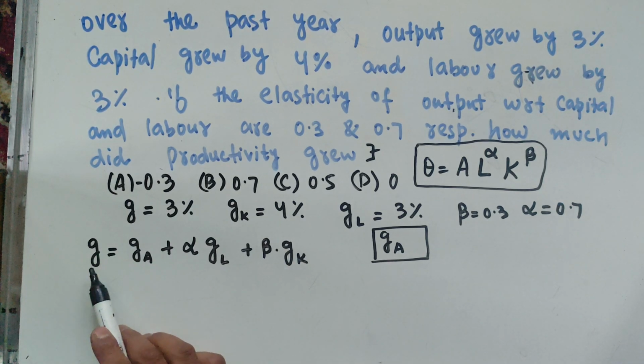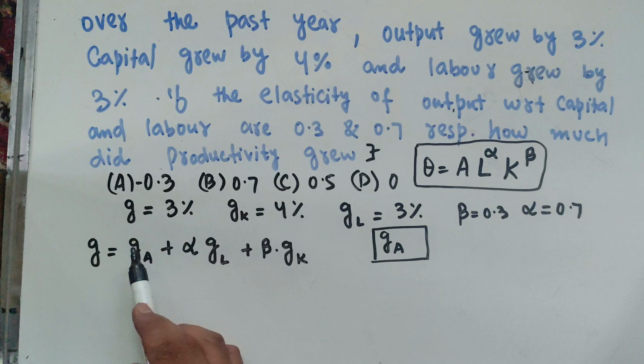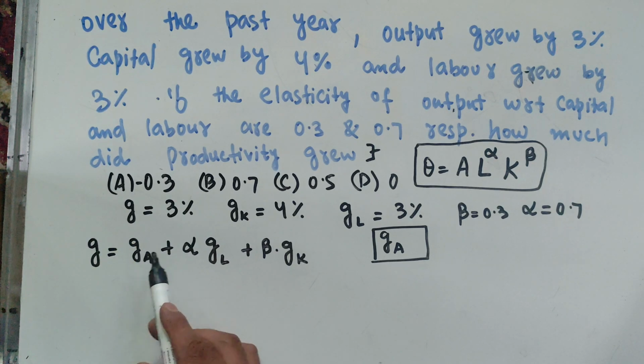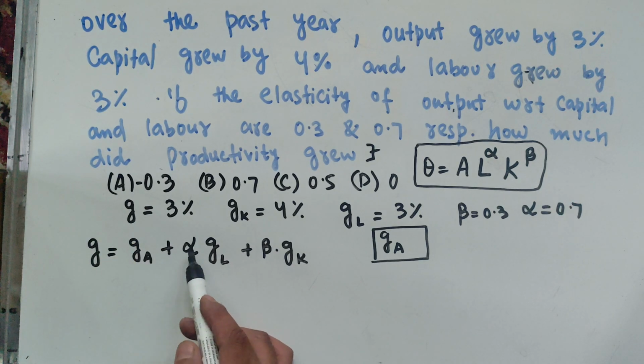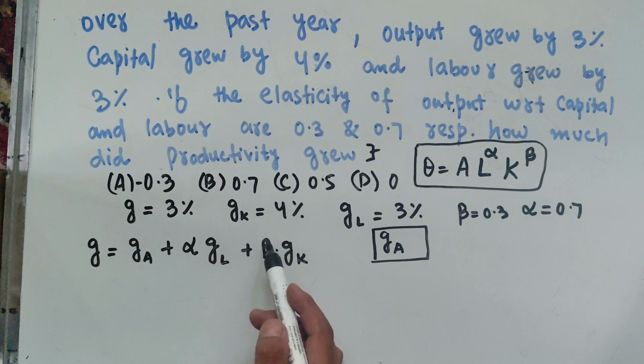That is, growth rate of output is equal to growth rate of total factor productivity plus output elasticity of labor times growth rate of labor plus output elasticity of capital times growth rate of capital.